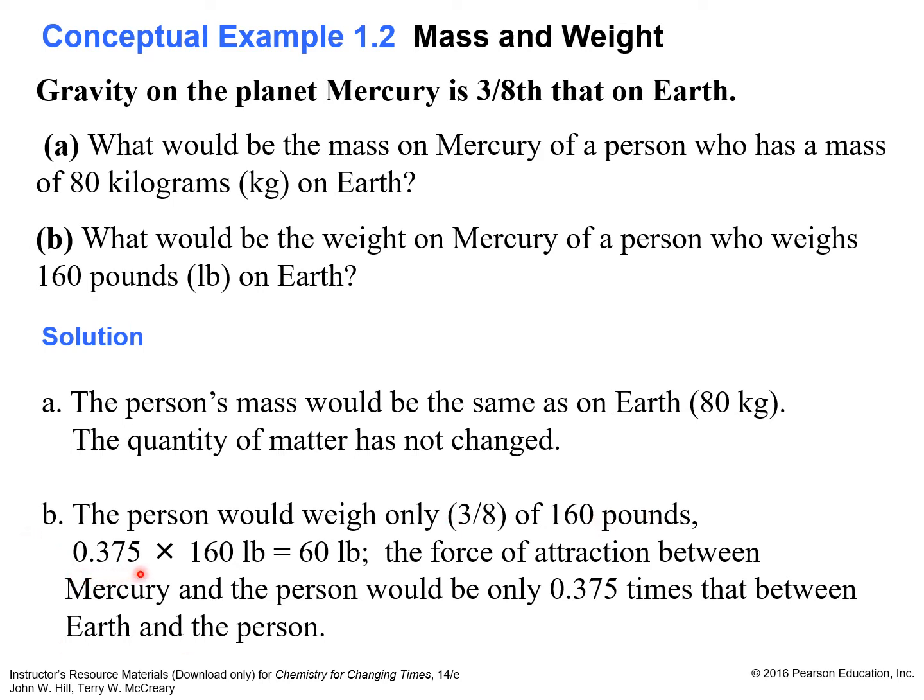So 0.375 times 160 pounds will give you 60 pounds. So the force of attraction between Mercury and the person would only be 0.375 times that between the Earth and the person. So it would weigh 60 pounds on Mercury.